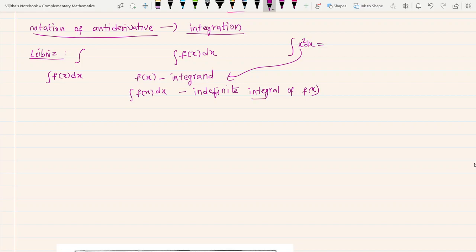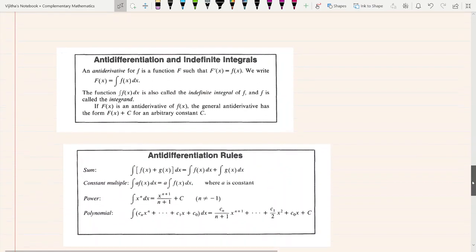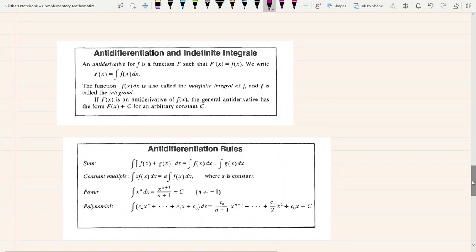Now we will see certain notations and properties. An antiderivative of f is a function capital F such that its derivative is small f. So we write F of x equal to integral f of x dx. The function integral f of x dx is called the indefinite integral of f, and f is called the integrand.